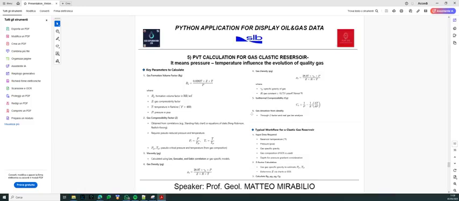And to do this kind of model, we are using this workflow. For example, reservoir temperature, initial reservoir pressure, the gas specific gravity, the gas composition, the depth of pressure gradient, and also we have calculation of Z factor using this equation.